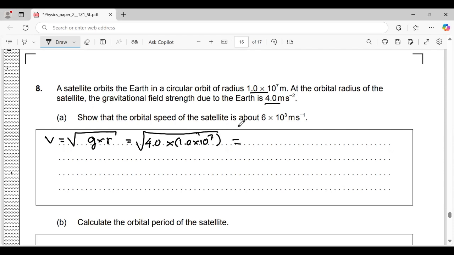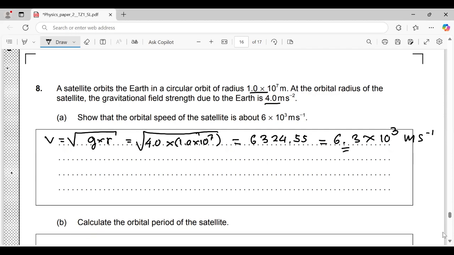The result is 6,324.55. In 3 significant figures, the speed is 6.3 times 10 to the power 3 meters per second.